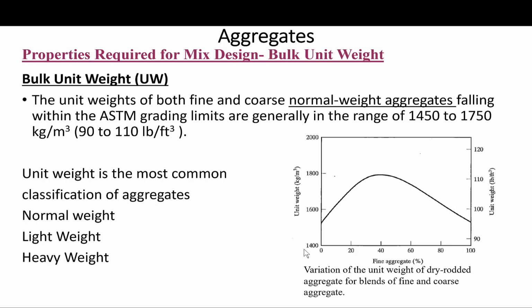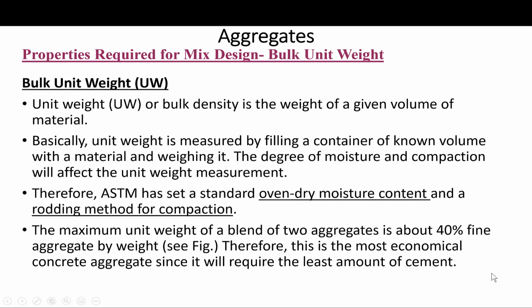Okay, this is the graph I mentioned in the previous slide. If we go back to the previous slide, as I said, the maximum unit weight of a blend of two aggregates is at about 40% fine aggregate by weight. And we said this is the most economical concrete, since it will require the least amount of cement.